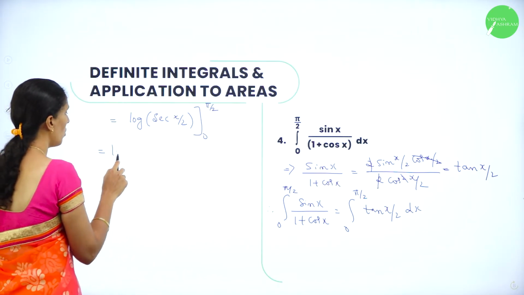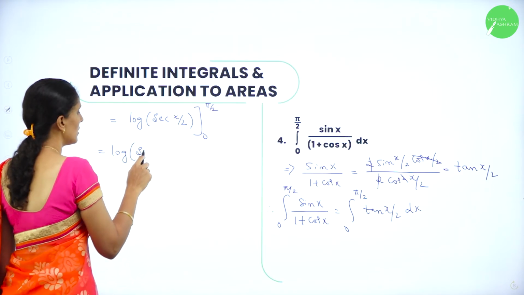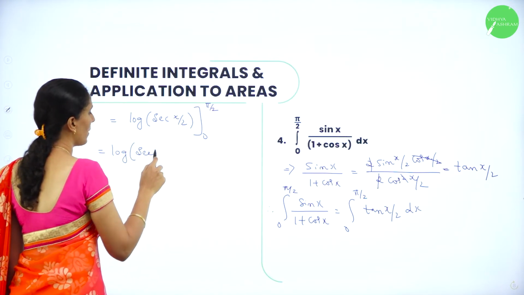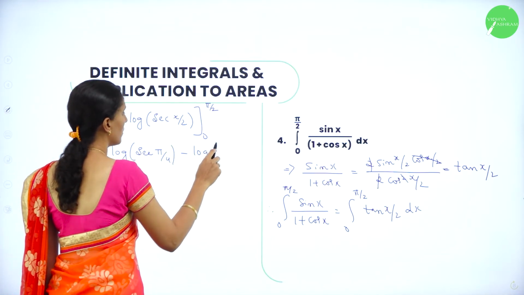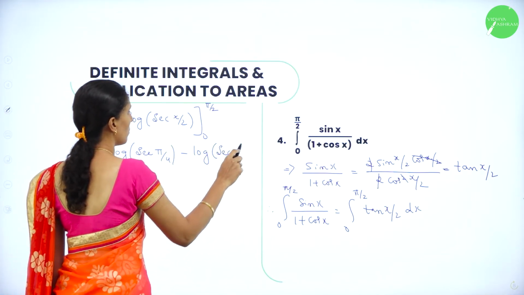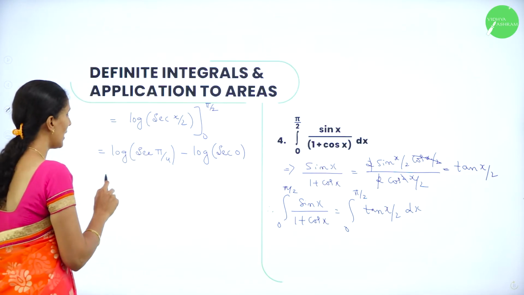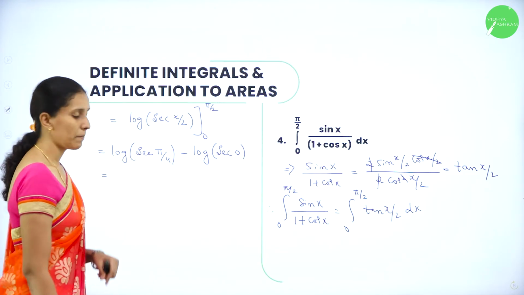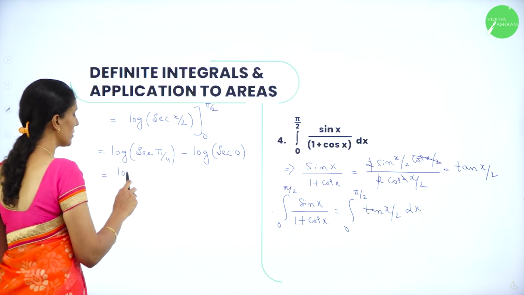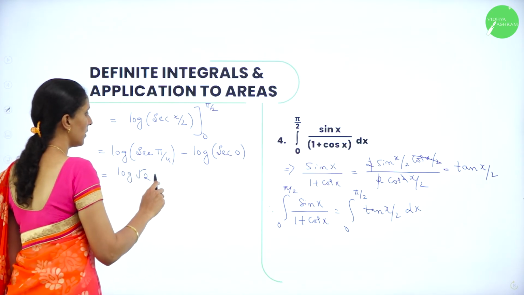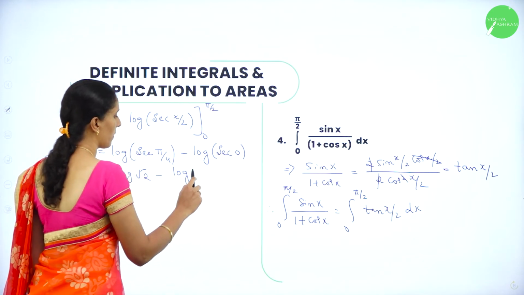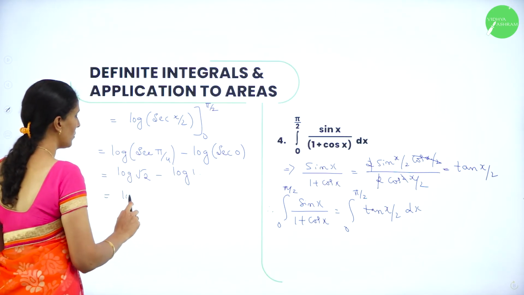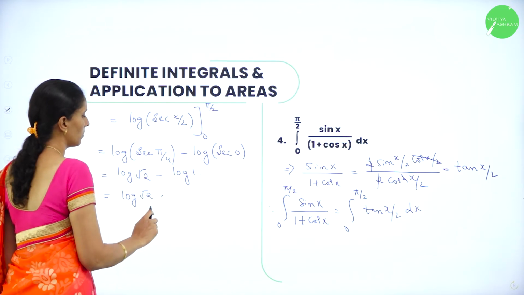Substitute the value: log of secant pi by 2 becomes pi by 4, minus log secant 0. Now what is secant pi by 4? That is secant 45 degrees. It is log root 2 minus log secant 0, which is 1. So therefore the value is log root 2.